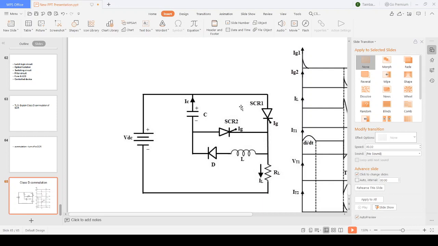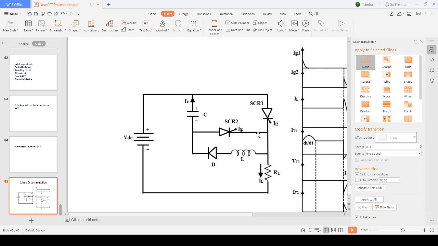So SCR2 is called auxiliary SCR, and SCR1 is called main SCR. When SCR2 turns on, then SCR1 gets turned off. And auxiliary SCR, means SCR2, is a low power device.